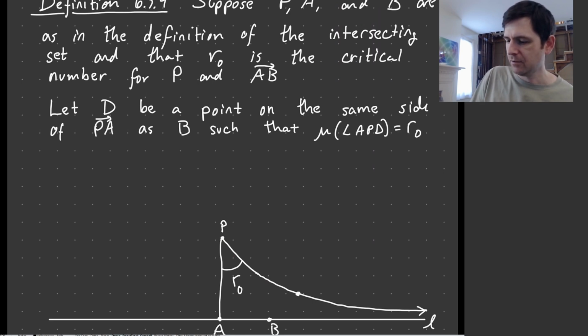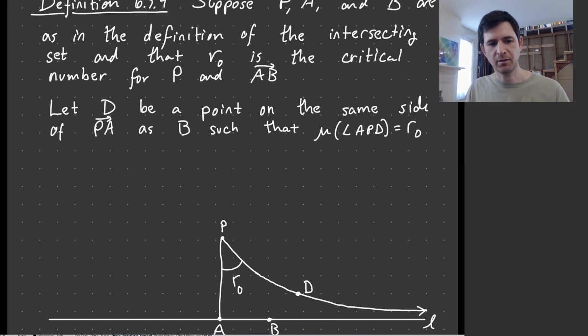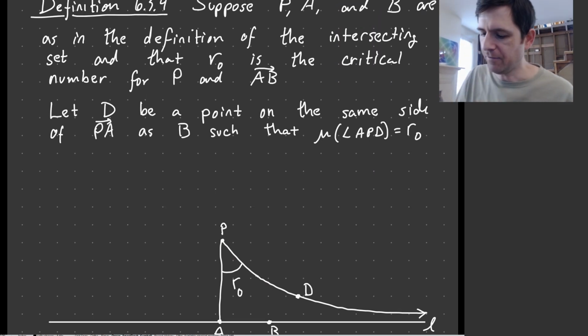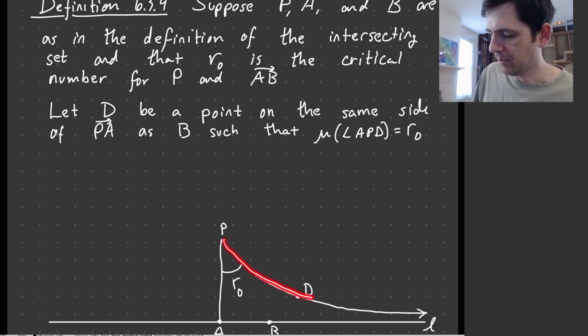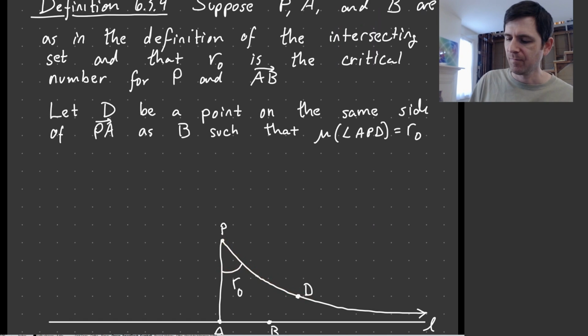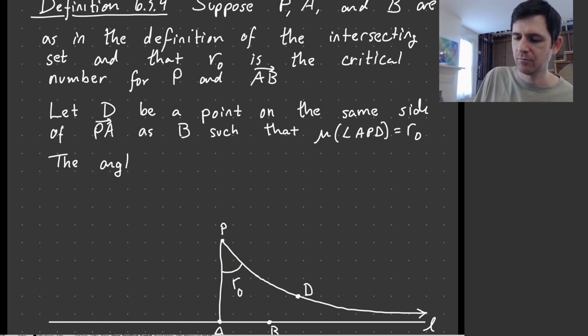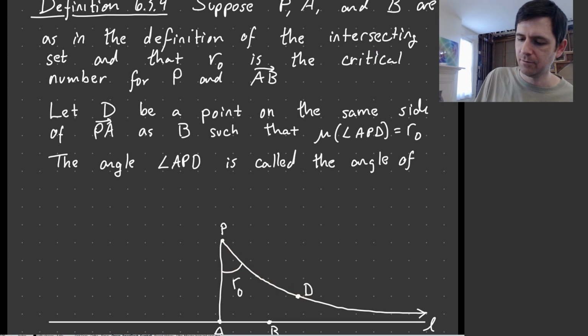So D is a point on here. So basically I want to be able to identify this ray that is angle R naught from P. And so the angle APD is called the angle of parallelism.